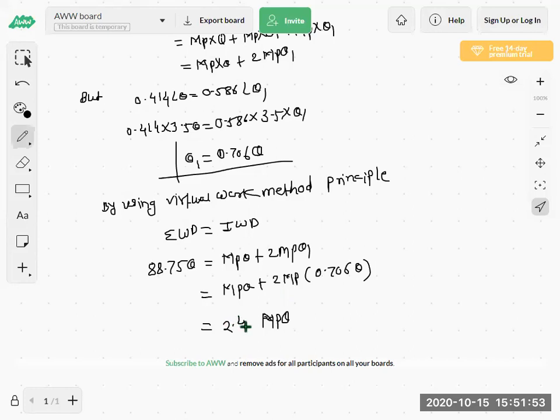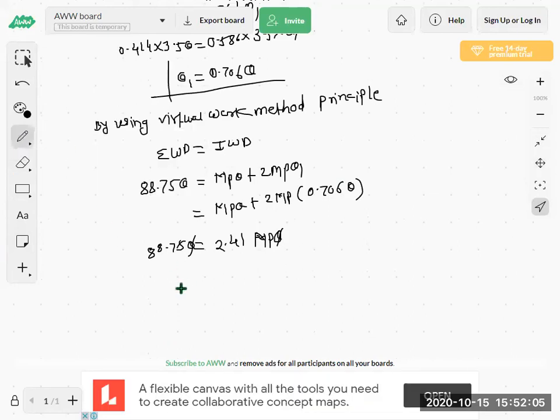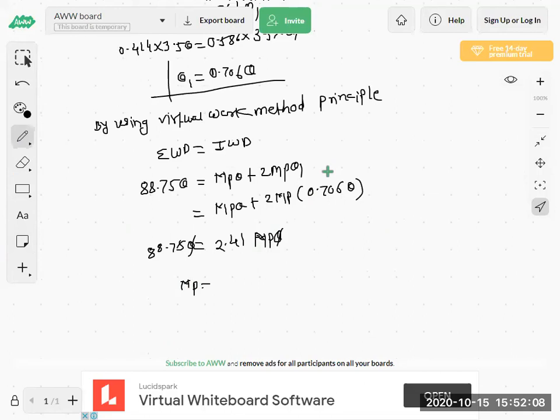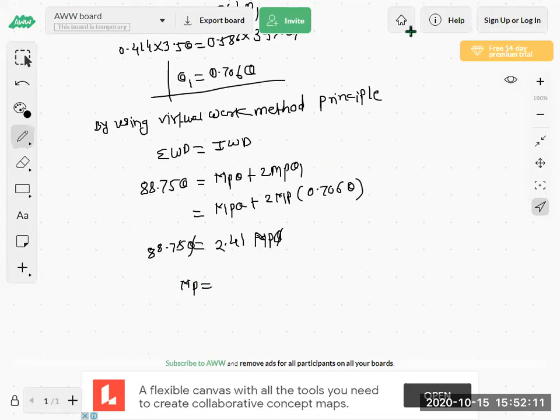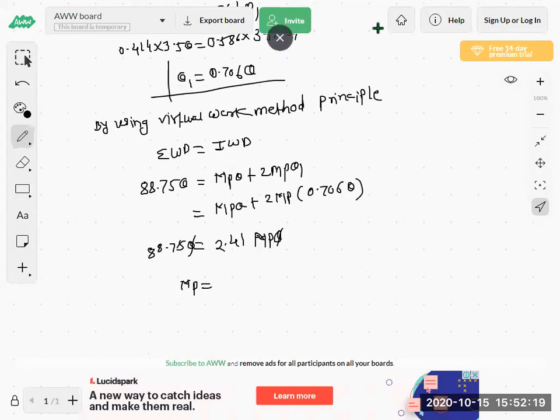This value is 2.41 and this is 88.75 theta. So now theta gets cancelled here and MP is equal to, calculate, MP is 36.79 kilonewton meter.